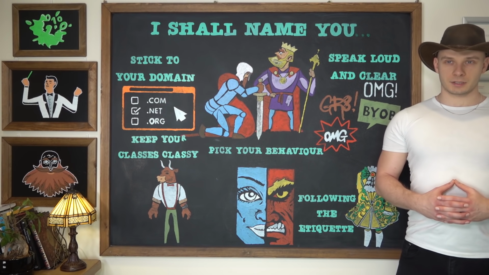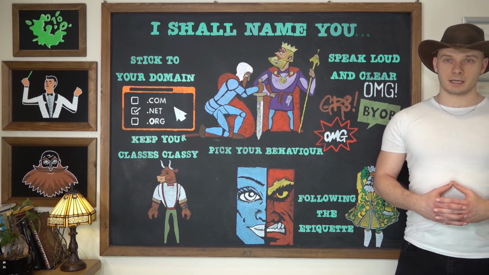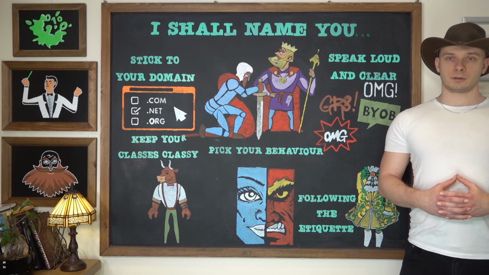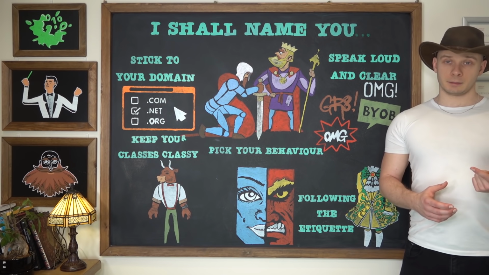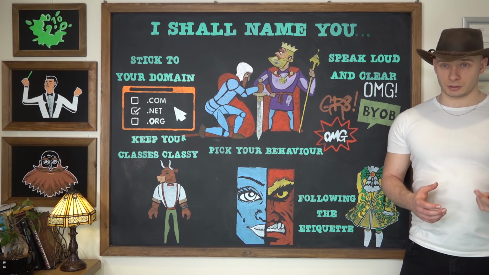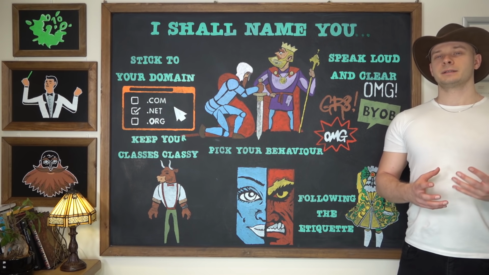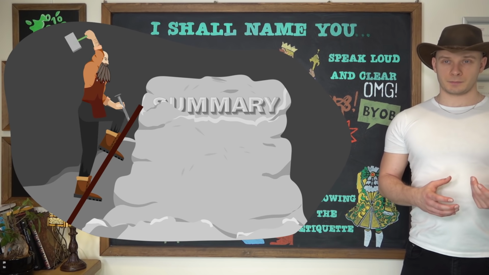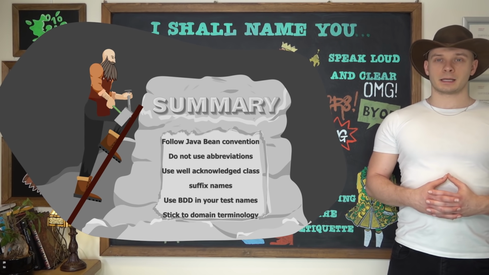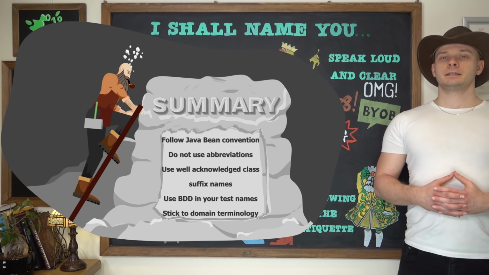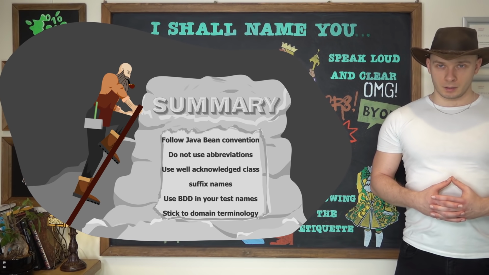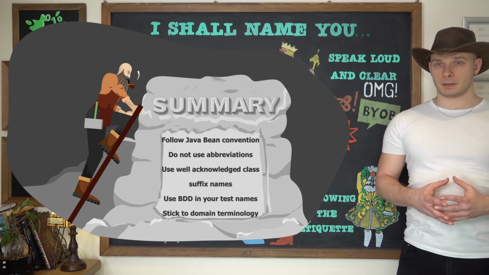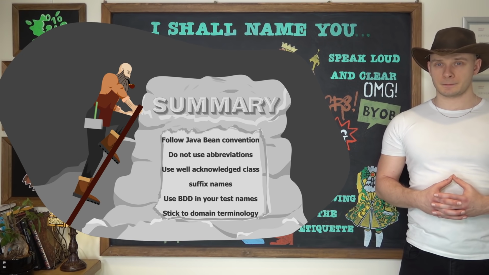As you saw, such a seemingly trivial thing as naming conventions and standards can have a huge impact on the general maintainability, readability, and overall pleasure of working within a given codebase. We have gone through the basic Java bean conventions, made sure that our class names gave us an initial idea of the responsibility, proved that abbreviations have their place on graffiti walls, but not in a respectable codebase.